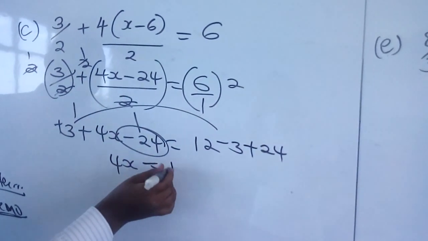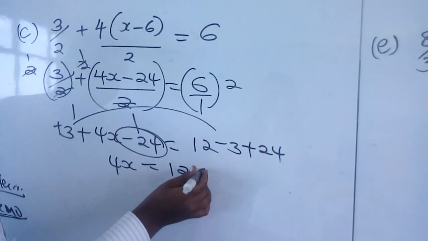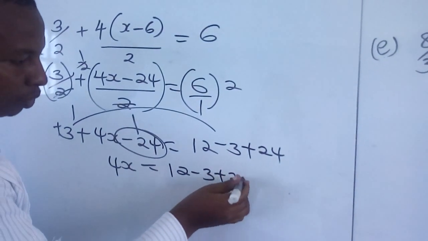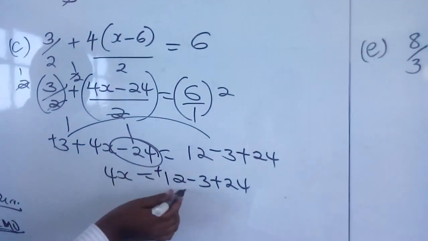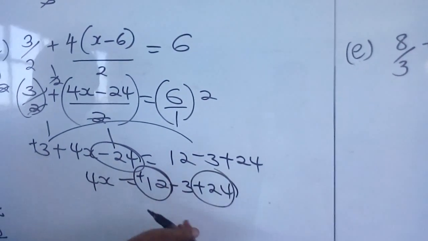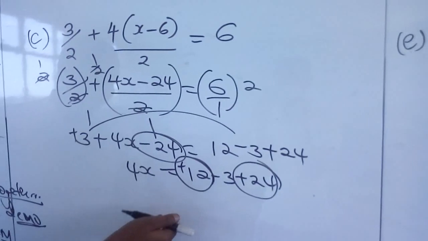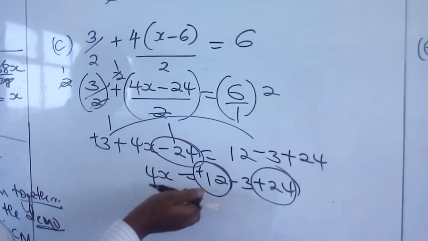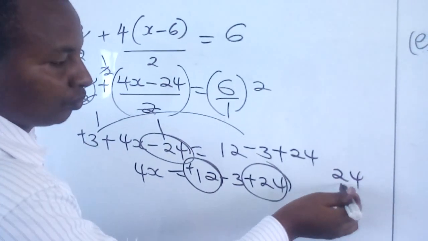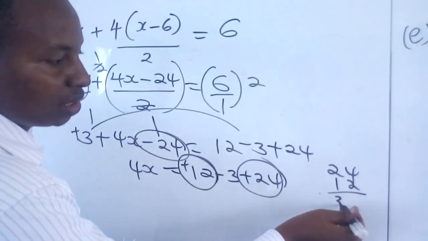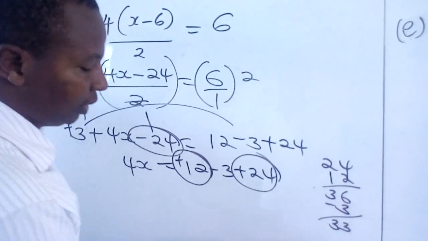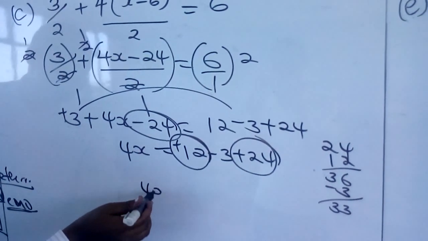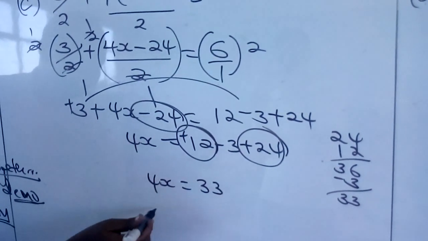So you will be left with 12 minus 3 plus 24. If you use BODMAS, we start by adding. Note the sign of 24 is positive, the sign of 12 is positive. So we can start with this: 24 plus 12 is 36. Then you can subtract 3 to get 33. So we are left with 4x is equal to 33.